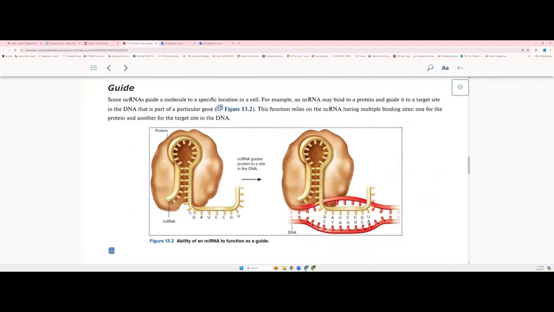Here, this non-coding RNA binds to this protein and they form a complex. Then the non-coding RNA can guide the protein to a site in the DNA by the binding affinity between the non-coding RNA and the DNA, right? So basically it guides this protein to reach the right place on the DNA.